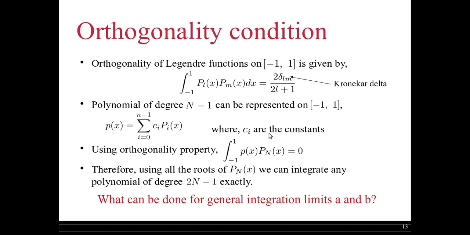Orthogonality of Legendre functions on the interval -1 to 1 is given by the integration of P_l(x)P_m(x) from -1 to +1 equals 2 delta_lm divided by (2l+1), where delta_lm is called the Kronecker delta. It will be 1 if l equals m, and if l is not equal to m, then it is 0.